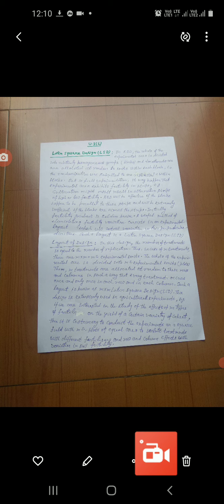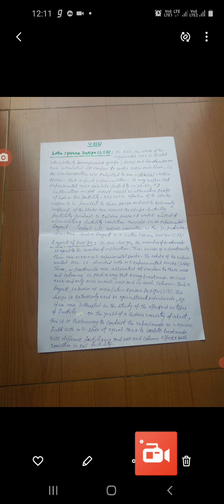For example, cultivation might result in alternative strips of high or low fertility.